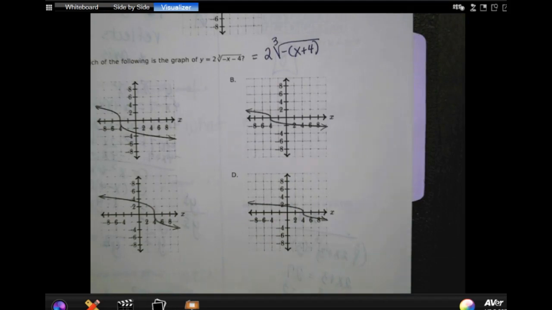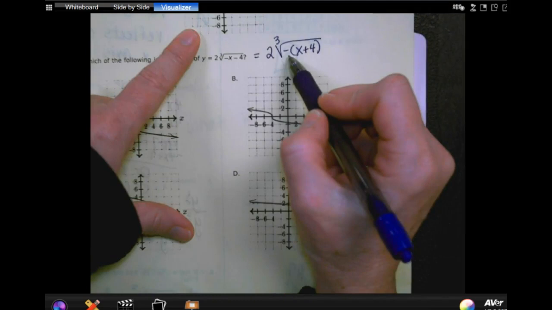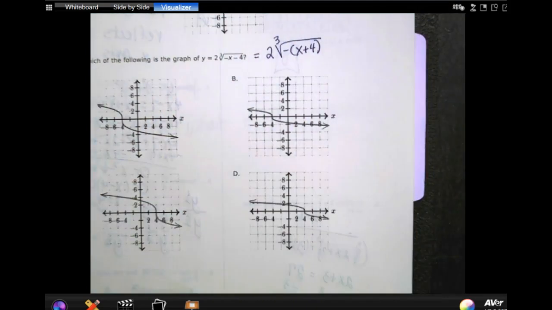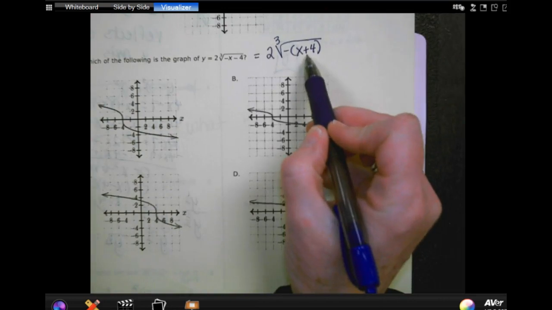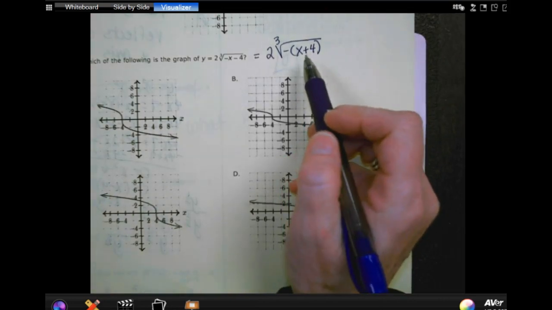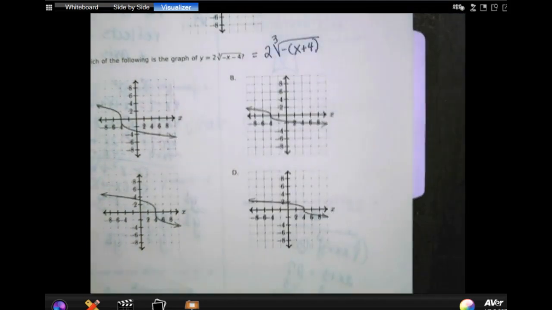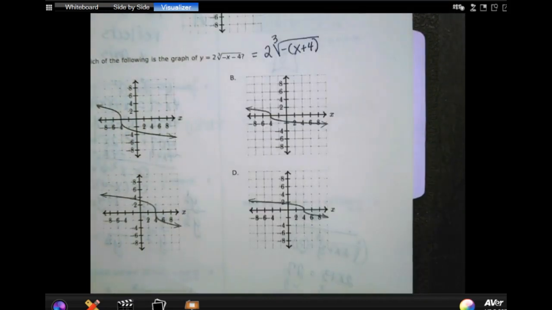So first of all, it's a flip across the y-axis. So this has to go this way and this has to go this way, right? It changes. But I have to flip this, not positive 4, but I have to go negative 4. So I know that what I'm looking for has to look something like that at negative 4.